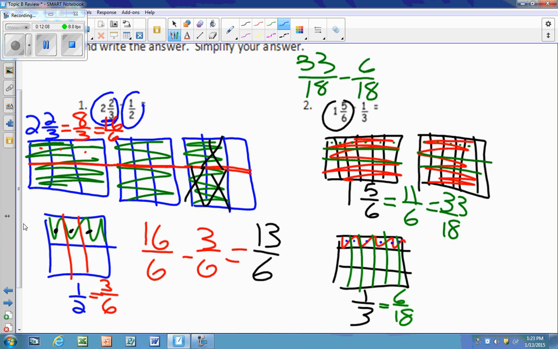We have to cross out then 1, 2, 3, 4, 5, 6. And when we do that, we see that we're left with 27/18, which we can't leave as an improper fraction. We know it's 1 and 9/18. We have to simplify that to 1 and 1/2.